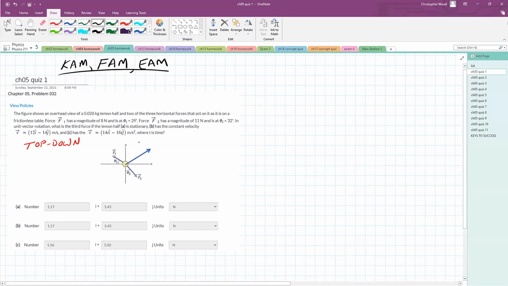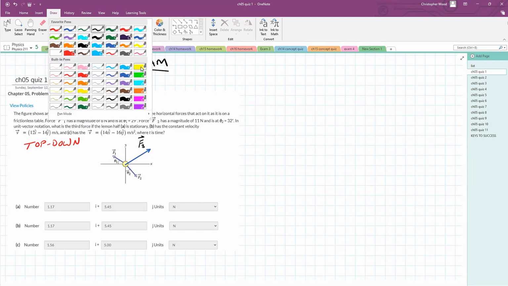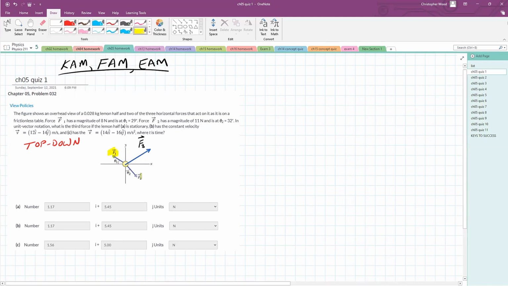I am guessing that there is a third force somewhere that when you combine forces F1, F2, and F3, that lemon half, this object, remains stationary. There's a ton of component forces, but when you blend the forces together, the result is no acceleration whatsoever. It starts at rest. It stays at rest.